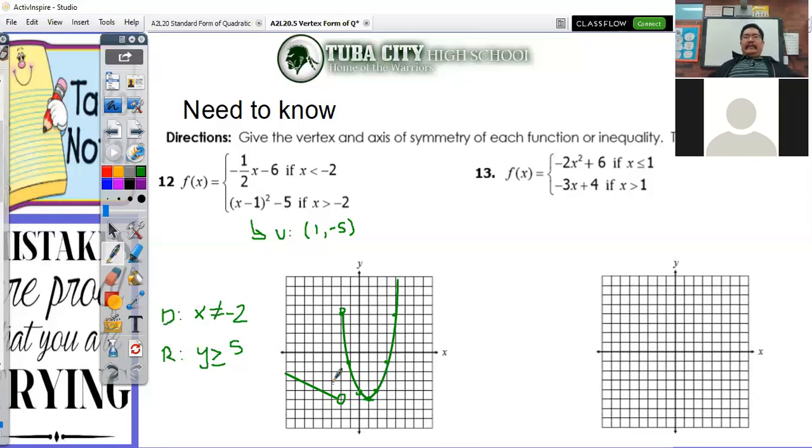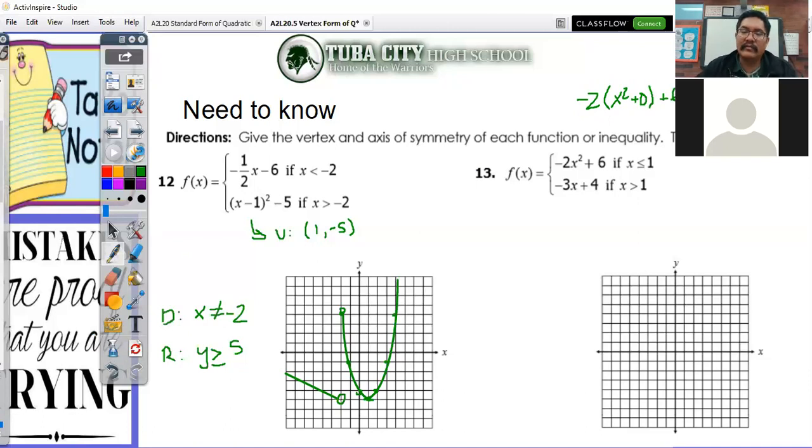All right, next one. It looks like we already have a parabola. Now this one is in vertex form. You can imagine that there's parentheses around it, but there's nothing inside paired with the x squared. If it helps, you can rewrite it: -2x squared plus 0 plus 6.